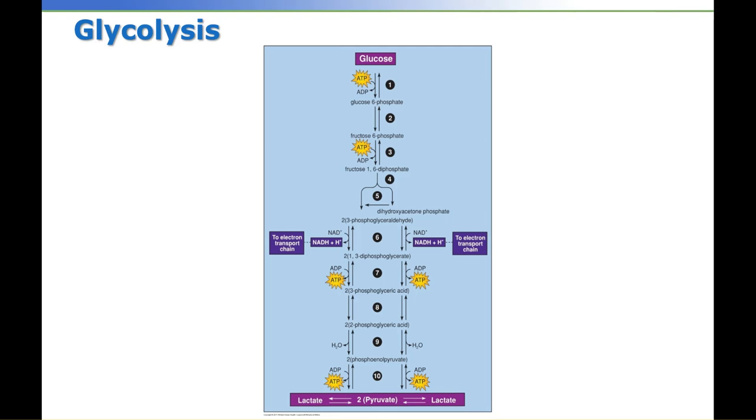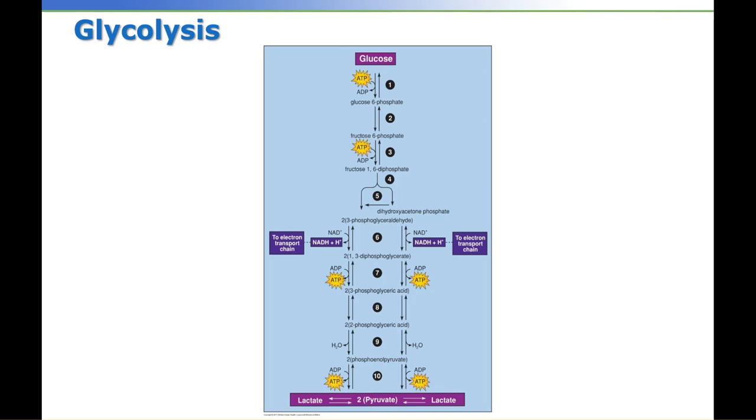So you have in glycolysis, this is what happens, the use of energy from about 12 seconds to about 90 seconds, where you're able to use glucose for energy source.